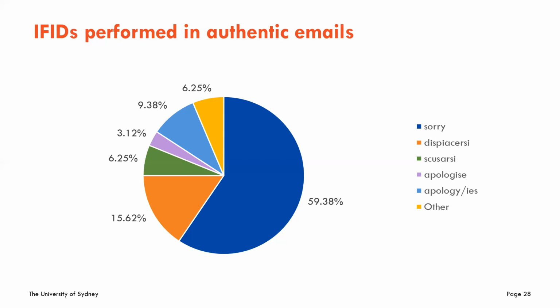So really when we look at "sorry" and combine it with dispiacersi, so when we're looking at the two expressions of regret together, we have around 75% of IFIDs in the authentic emails being those expressions of regret, which really does align with the percentages which we saw for dispiacersi and "sorry" singularly when we looked at the learners of Italian writing in Italian and the native speakers of Australian English writing in English. So this seems to very much back up what we saw in the elicited emails.